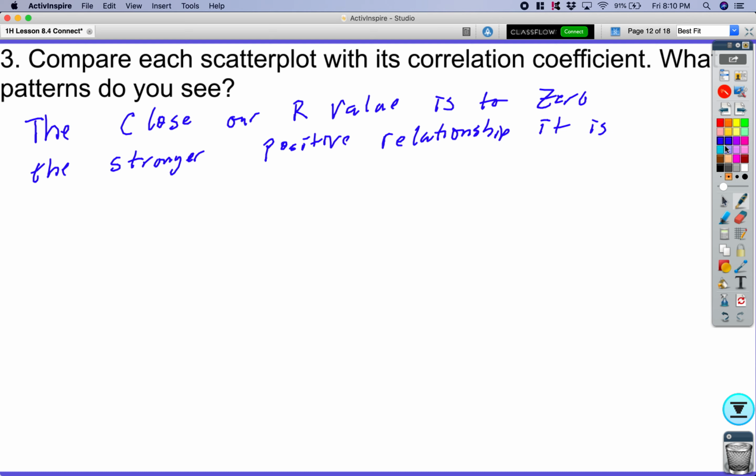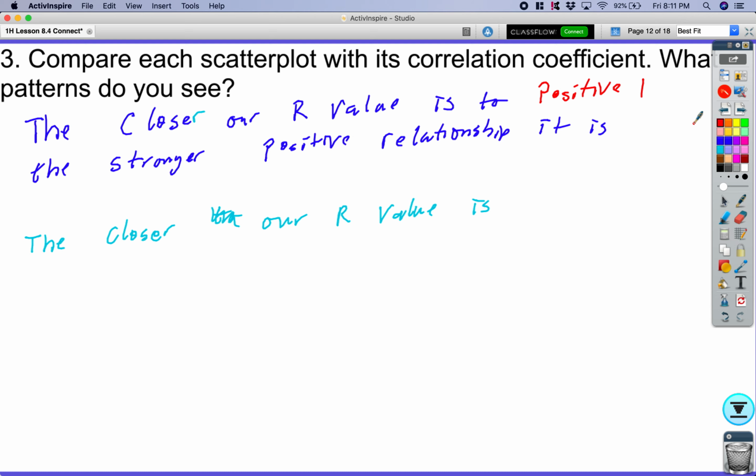I made a big mistake here. It's closer to positive 1. Yeah, that was a big mistake, so I'll write in red. The closer our R value is to positive 1, the stronger positive relationship we have.